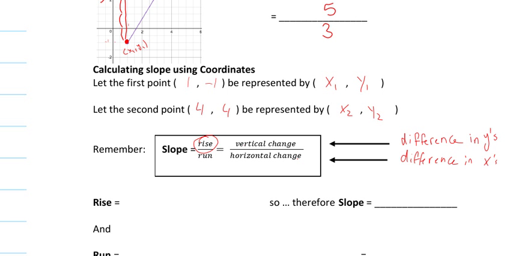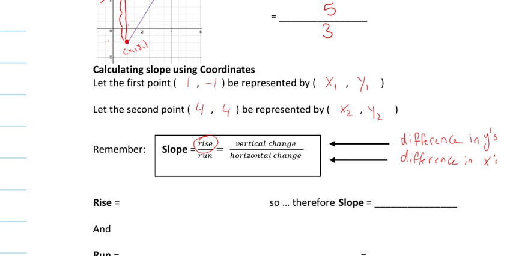What does the word difference mean in math? When I say difference, what do I mean? Am I adding, subtracting, multiplying, dividing? What does difference mean? Subtracting, that's right. So difference means subtraction, right? So think about it this way.